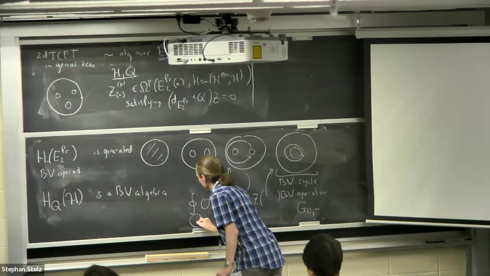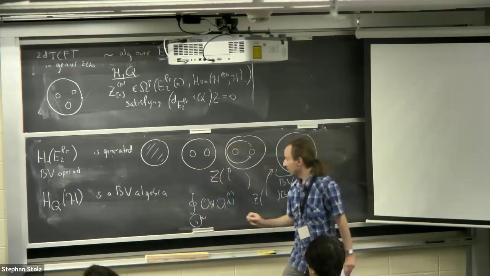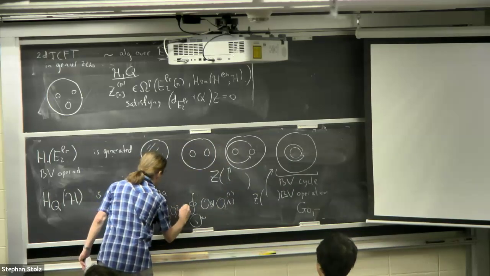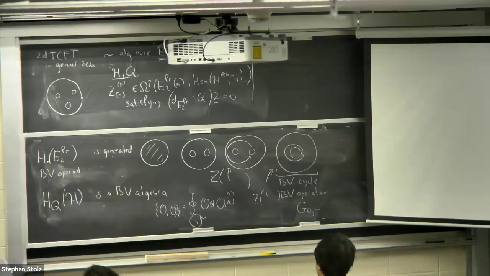So that's another picture of what's going on here. That's the Poisson bracket between O1 and O2. That's another realization of this picture. I don't know if this helps.